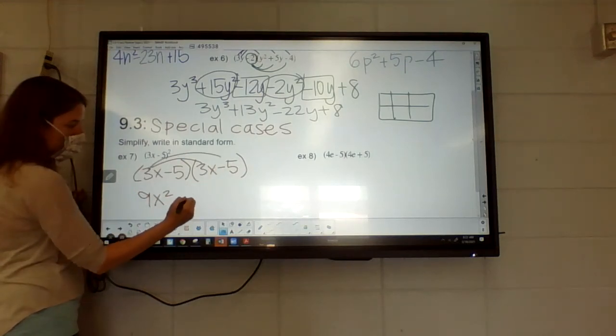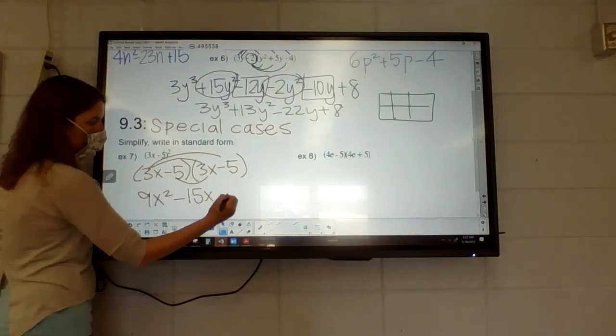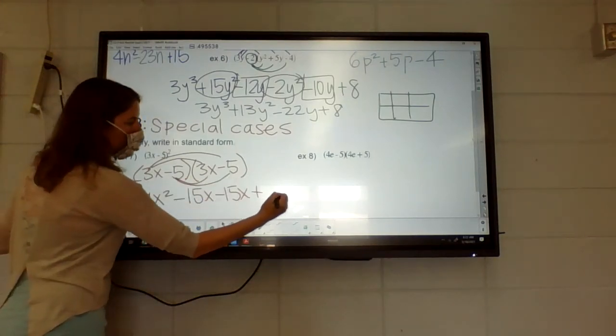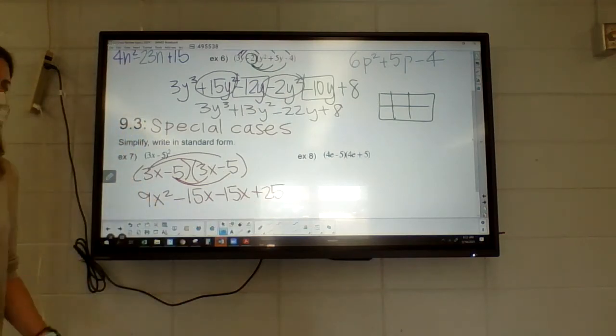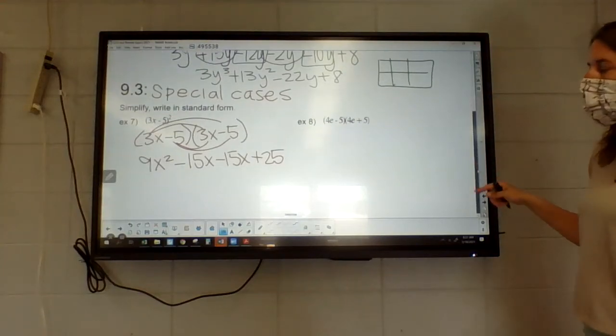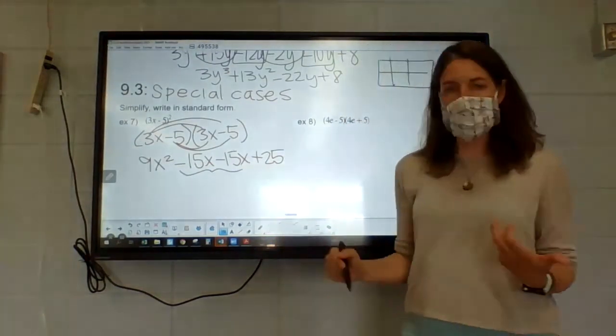So we have to do this first, outer, inner, last. So we combine these like terms in the center here. They do not cancel.